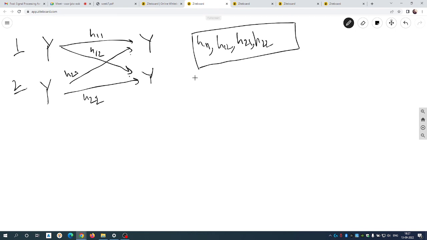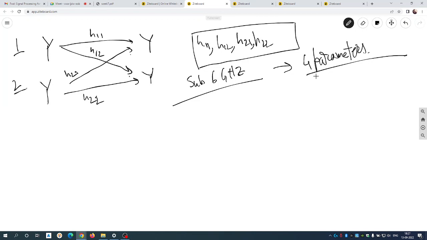So for a sub 6 gigahertz system, there will be 4 parameters that I have to estimate. But if it was millimeter wave, I would have fewer parameters. This is the difference between these two.